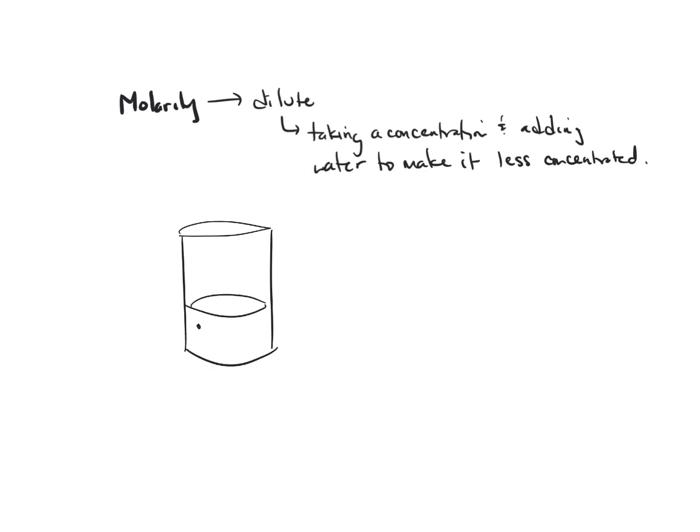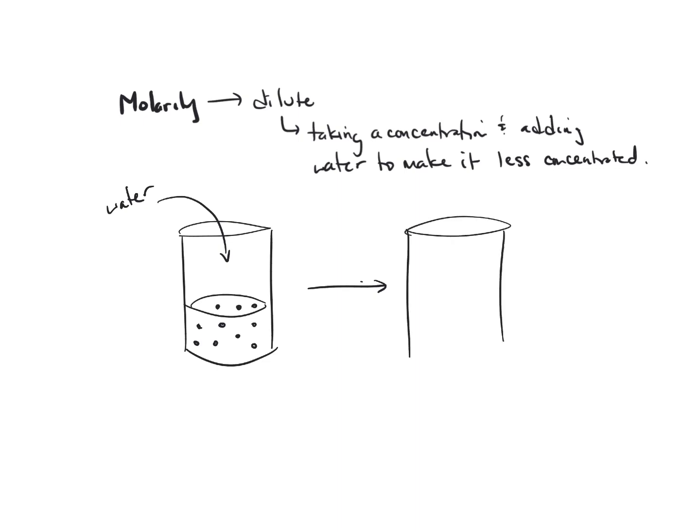So if we have a solution that, say, has 10 particles in it, 1, 2, 3, 4, 5, 6, 7, 8, 9, 10, and then we add in water, what that's going to turn into is the exact same number of particles, but now my volume increased. We still have those 10 particles.